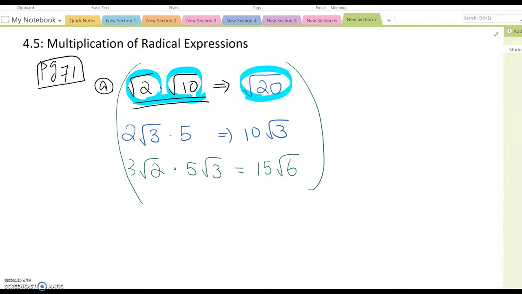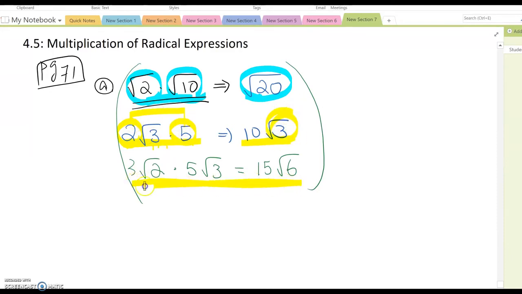Now, in this question, 2 root 3 times 5, I only multiply 2 and 5, and I got 10 root 3 here. So like this, if you multiply a rational number with a radical number and then a rational number, you only multiply the rational numbers and then copy down the radical value here.